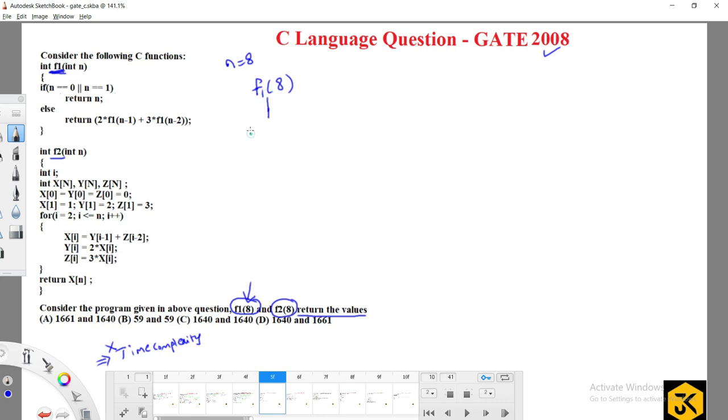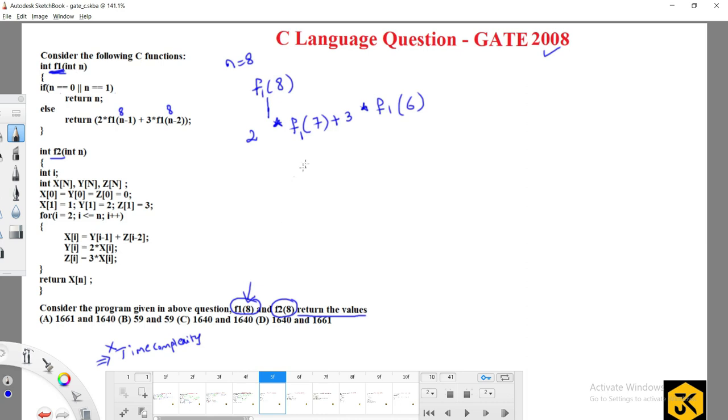In the else block, it is going to execute 2 into f1 of n minus 1, with n as 8, that is f1 of 7, plus 3 into f1 of n minus 2, 8 minus 2 is 6.